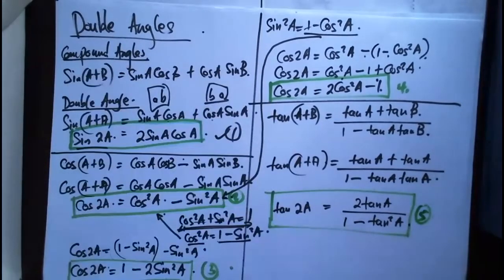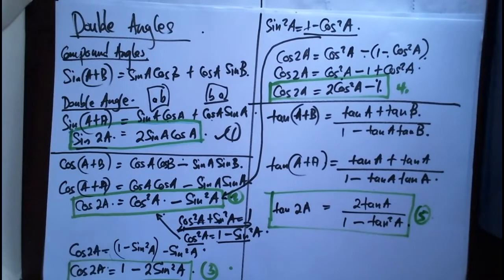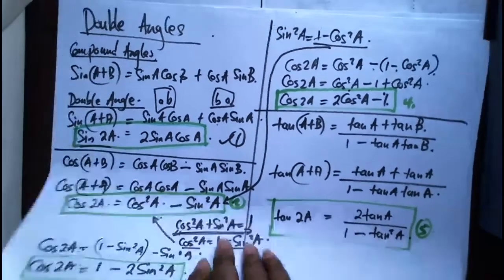They are derived from the compound angles, and we call them double because the two angles are equal. So we can use this now to solve problems. Let's do some questions. I'll always be bringing back that sheet so that you will be able to see.